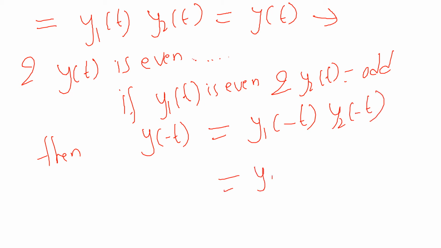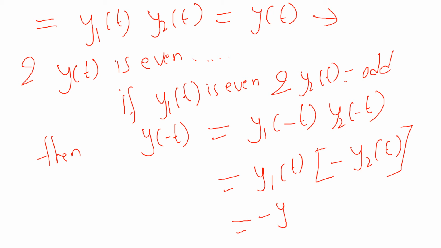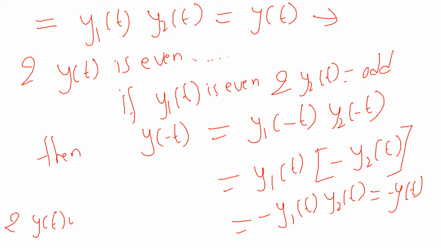This is nothing but y1 of t into minus of y2 of t. This I can write like minus y1 of t into y2 of t, which is equal to minus y of t. And hence I can conclude that y of t is odd.